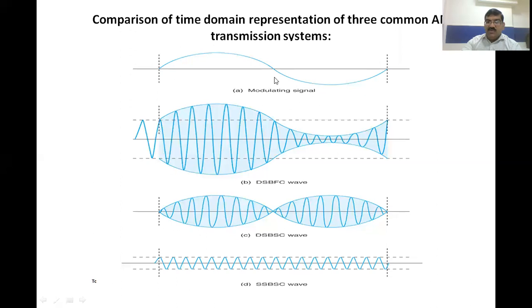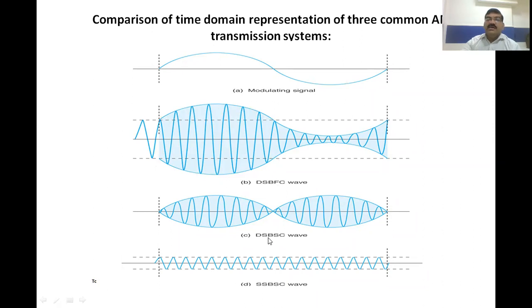As you know, this is the modulating signal. So this modulating signal is there, and this is double sideband full carrier. So here the carrier wave you are transmitting, this is your sinusoidal signal. So you will have the envelope, the upper and the lower envelope.